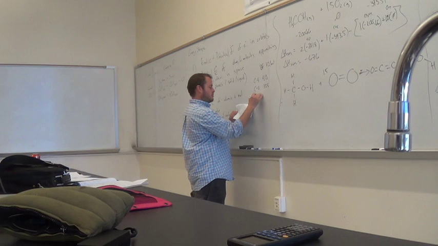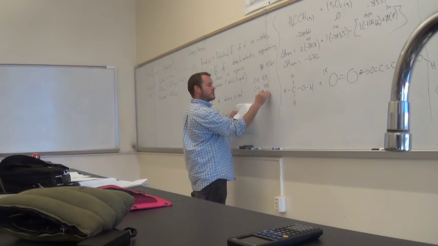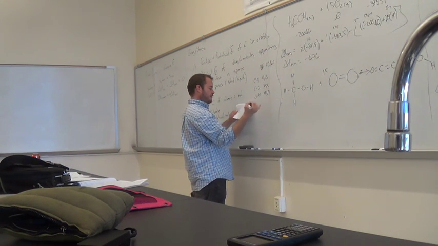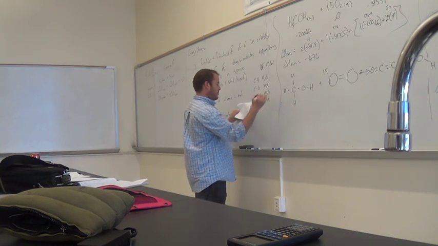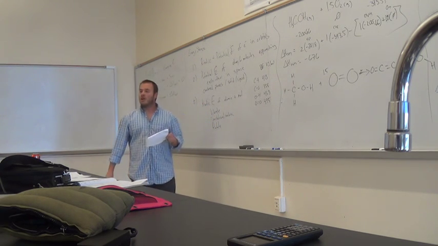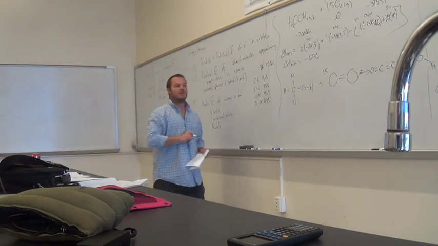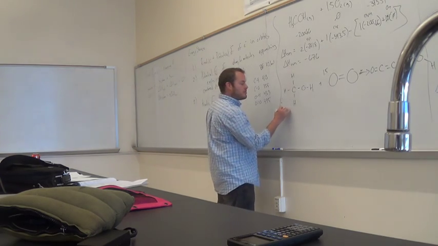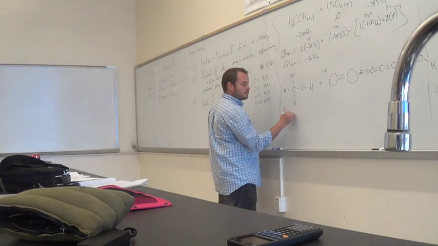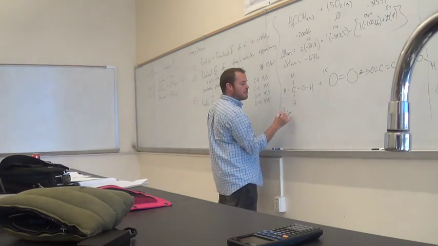An oxygen-hydrogen bond is 463 kilojoules per mole, and an oxygen-oxygen double bond is 495 kilojoules per mole. Every single one of these bonds has to be broken. And so there's going to be an energy investment. We're going to call it energy in, or energy to break bonds.